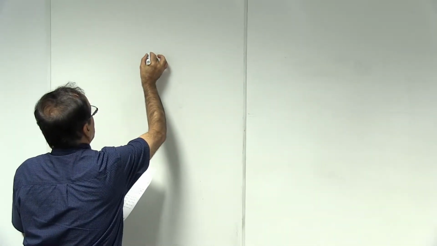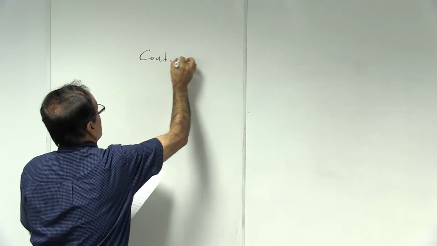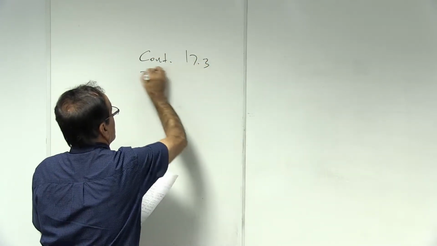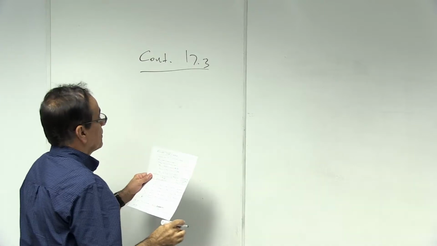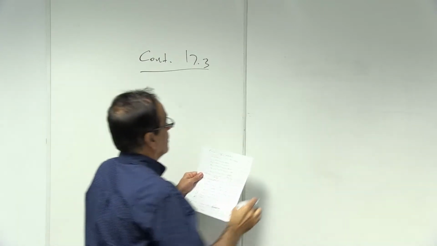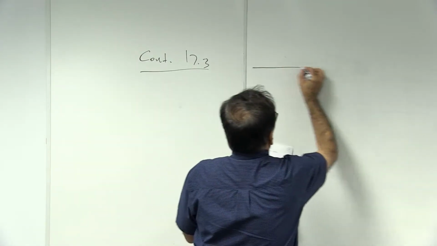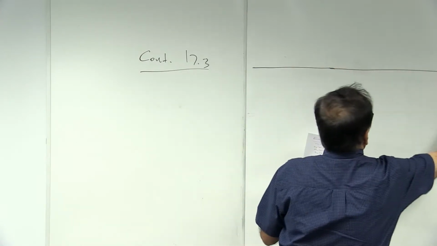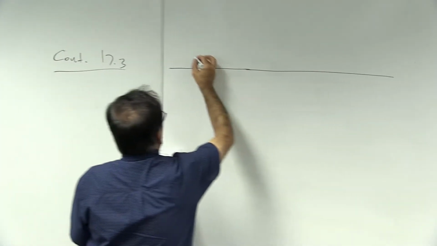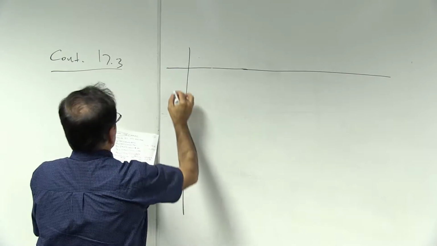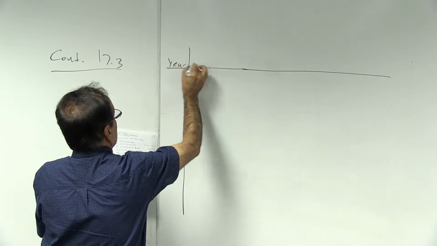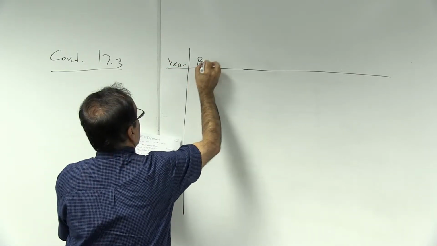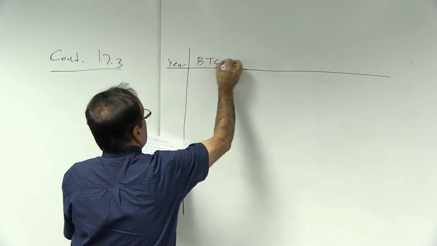So we're going to continue example 17.3. What I'm going to do, as usual, is draw the table. This table is very useful. This is the best way to do it. This is year. This is before tax cash flow.